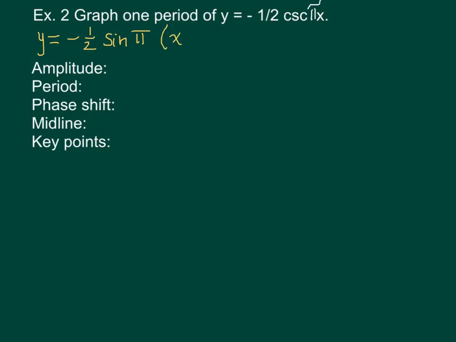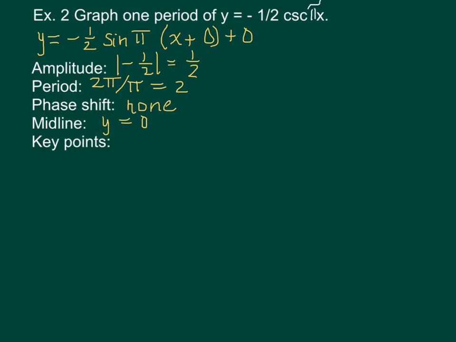I'm just going to do it like this. All right, my amplitude is the absolute value of A, which is 1/2. My period is 2 pi over B, which is 2. My phase shift, I don't have one. My midline is y equals 0. So my first X will start at 0. And I'm going to do 1/4 times my period, which is 2/4, which is 1/2.